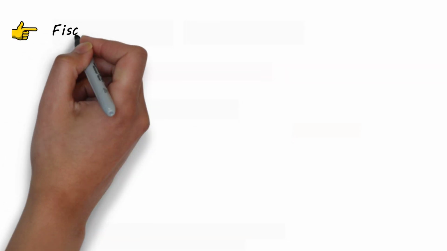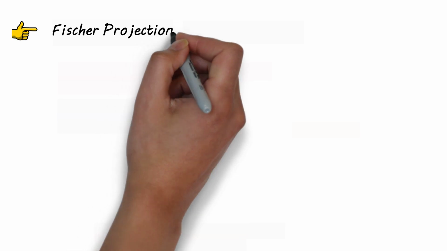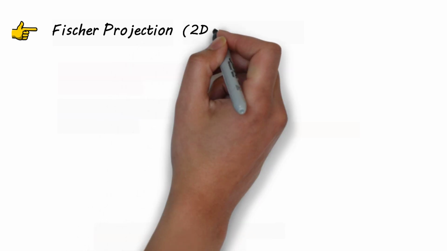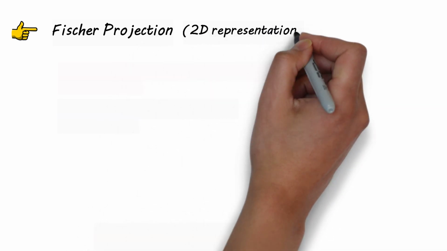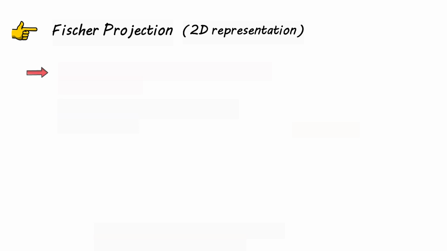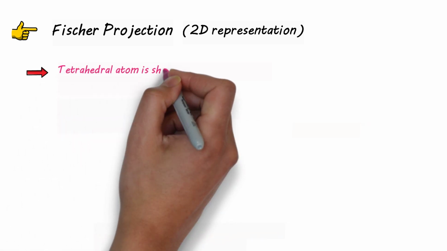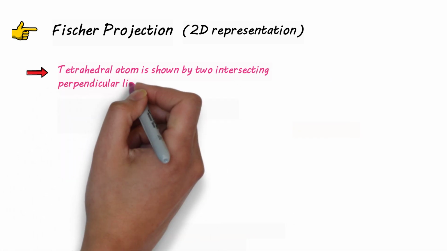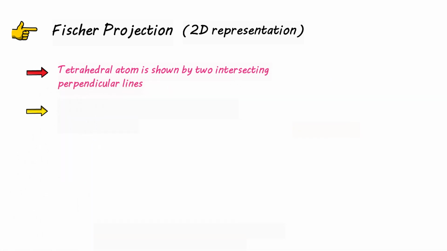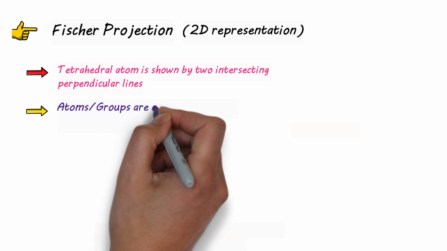Now we have the next type, that is the Fischer projection. Fischer projection is actually a 2D representation of a molecule. In this projection, the tetrahedral atom is shown by 2 intersecting perpendicular lines, and atoms or groups are attached to these intersecting lines.